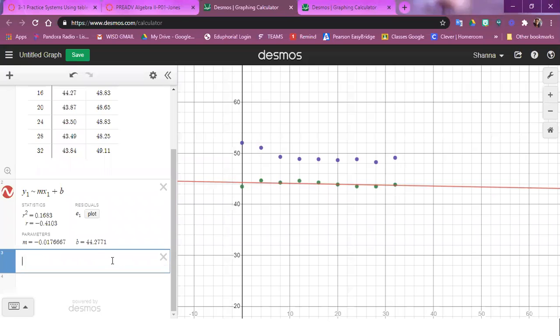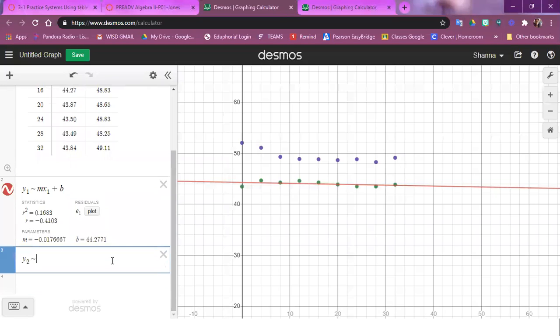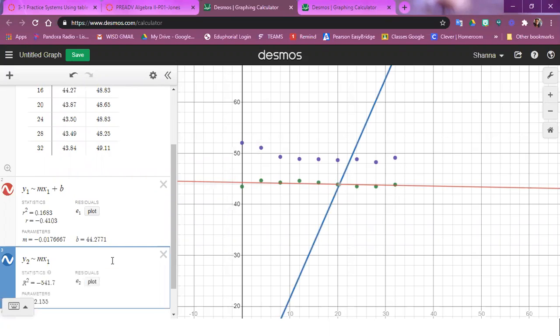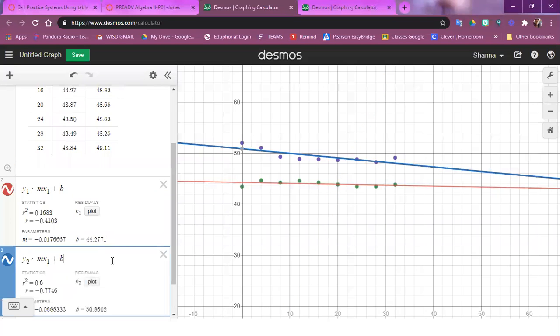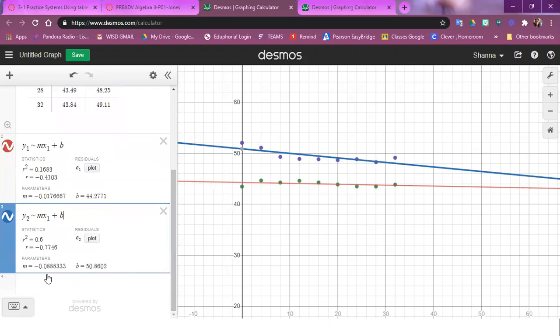So to find our y2, we're typing y2 tilde m x1 plus b. And again, a decreasing slope. Awesome. So our m equals negative 0.09. Our b equals 50.86.